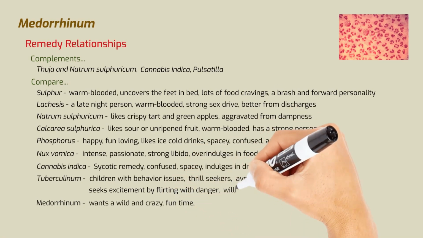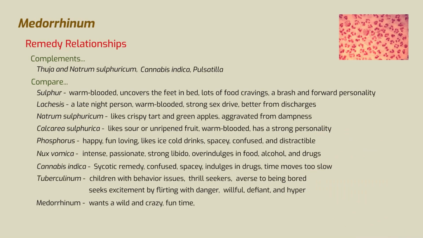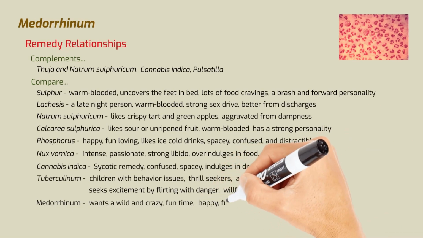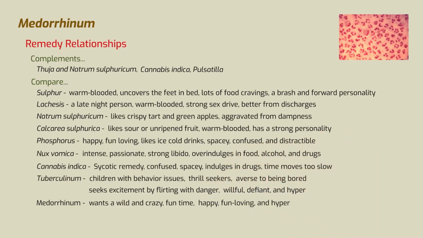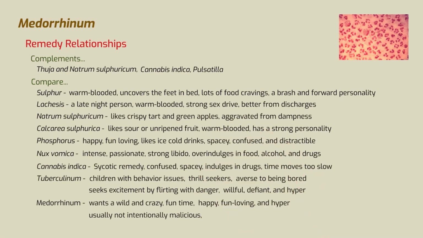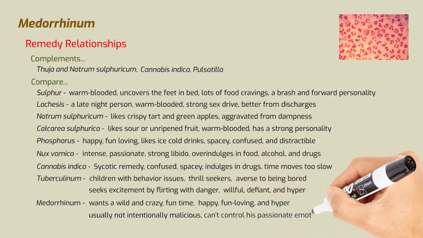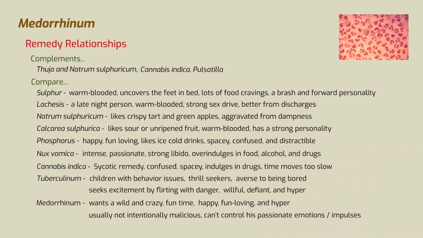While tuberculinum is willful, defiant, and hyper, I tend to think of Medorrhinum as happy, fun-loving, and hyper. And unlike tuberculinum, Medorrhinum is usually not intentionally malicious. It's more accurate to say that when Medorrhinum becomes aggressive, it's because he can't control his passionate emotions and impulses.